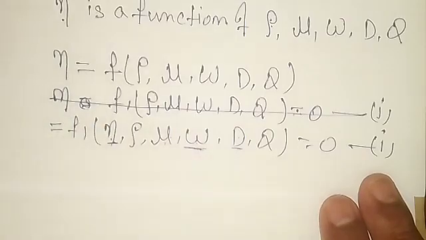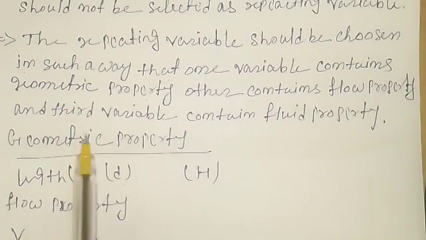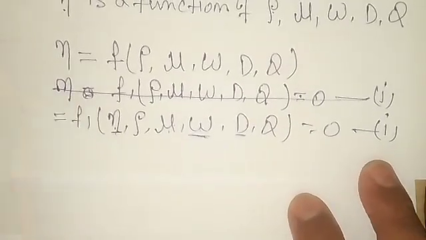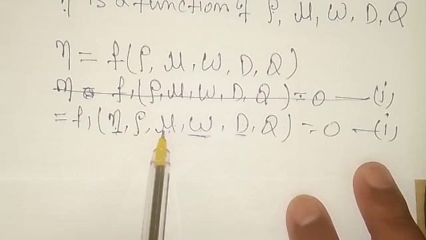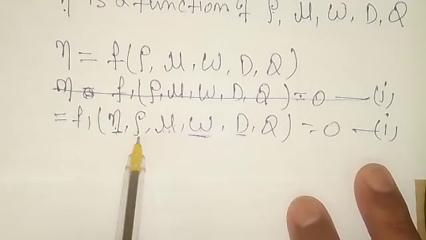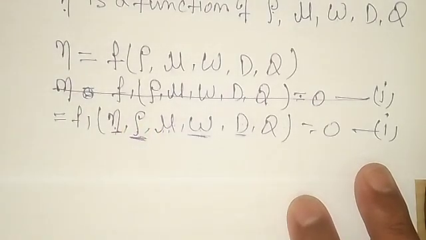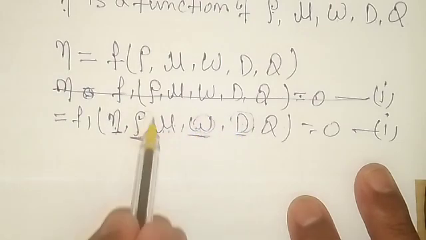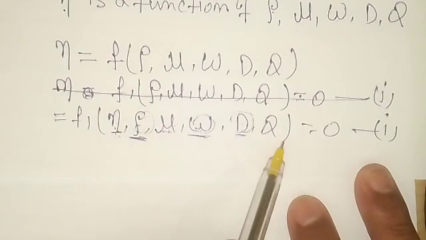The third contains fluid properties, like density, viscosity and all those things. Here there is a contradiction, as both are fluid properties, so always you give priority to density only, right? So I am considering this as a repeating variable. So my repeating variables are diameter, angular velocity and density, and the non-repeating variables are efficiency, viscosity and discharge, right?